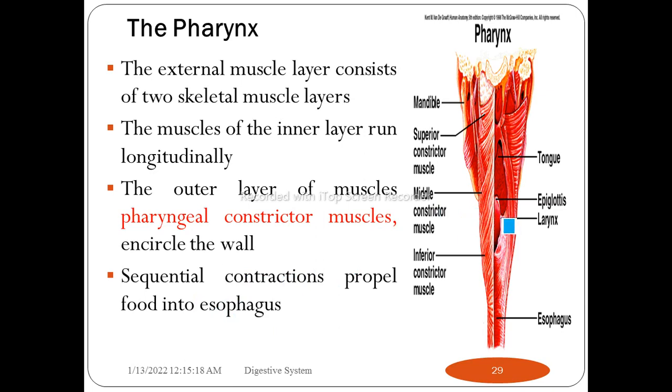This is the larynx, this is the epiglottis, this is the tongue. We have three constrictor muscles in the pharynx. This is known as the superior constrictor muscle, this is the middle constrictor muscle, and this is known as the inferior constrictor muscle.